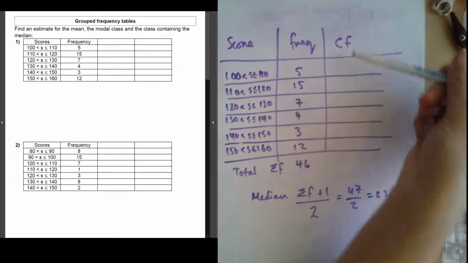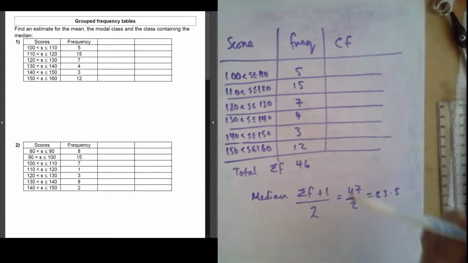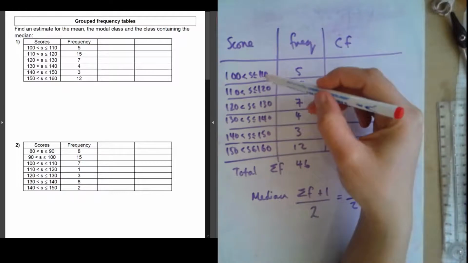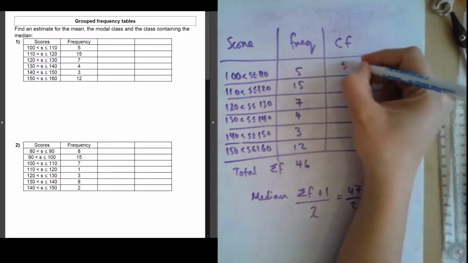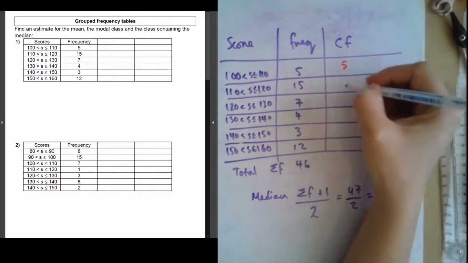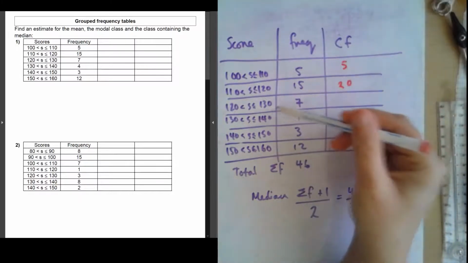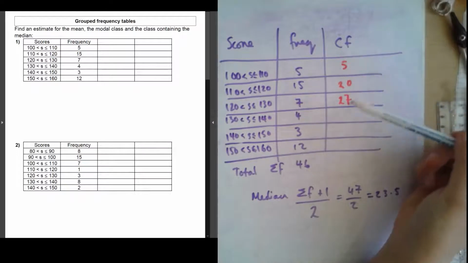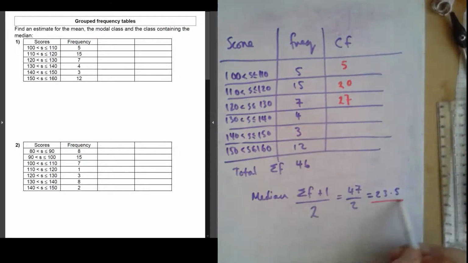Okay, so now I'm going to do my cumulative frequency, running total, whichever way you want to talk about it, down the side here. I'm going to say, who got 110 or less? 5 people. Who got 120 or less? 20 people. Who got 130 or less? 27. Quite a few people would stop at this point because I only want to reach 23.5.